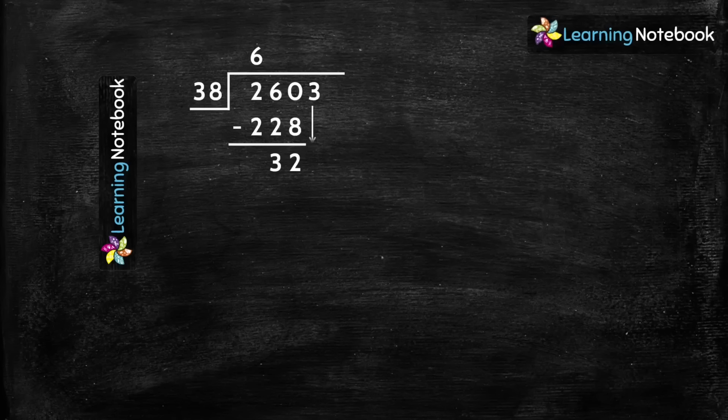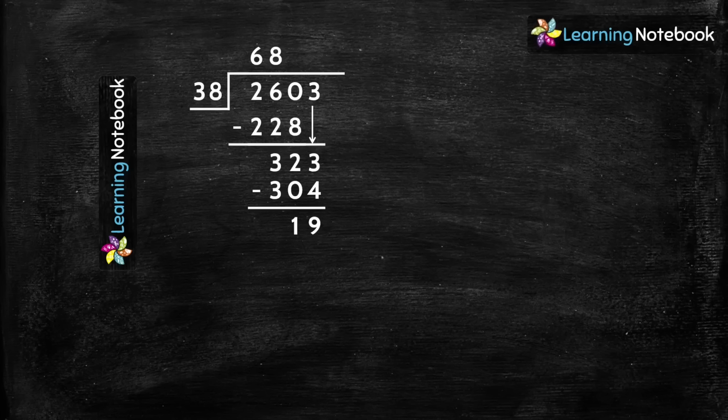Let's copy next digit 3 and now we will divide 323 by 38. 38 into 8 equals 304 and 323 minus 304 equals 19. Now students, we are left with remainder 19.